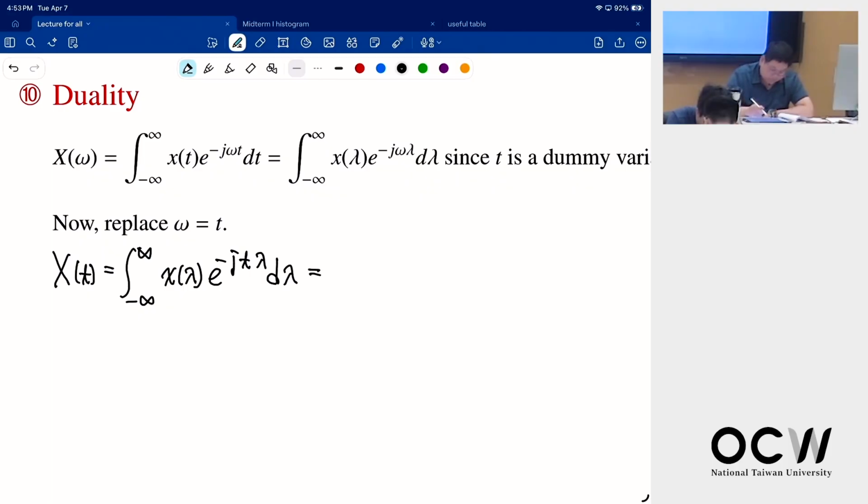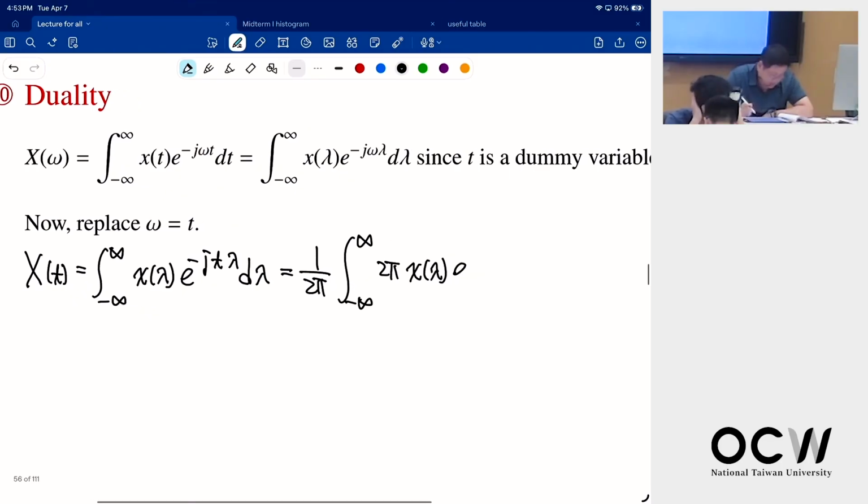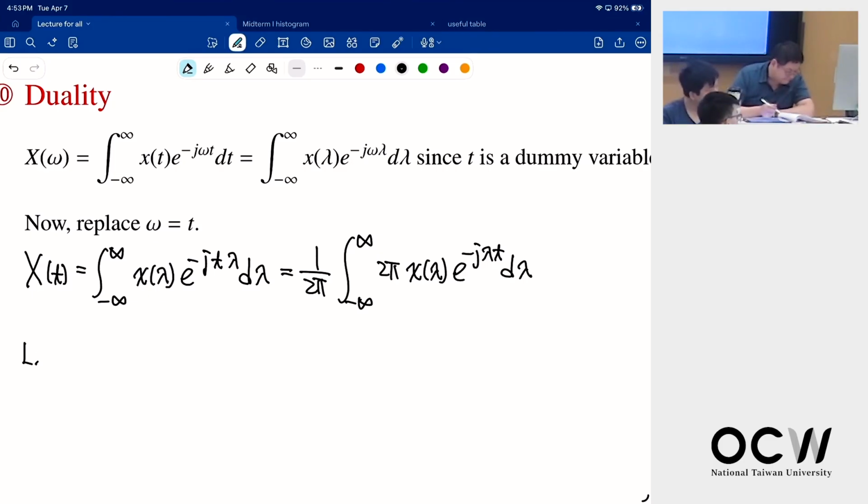Now I just divide by 2 pi, so I need to times 2 pi back. X lambda times e to the minus j lambda t d lambda. Next, let me change the lambda to minus omega. So omega equals minus lambda, d omega is minus d lambda.